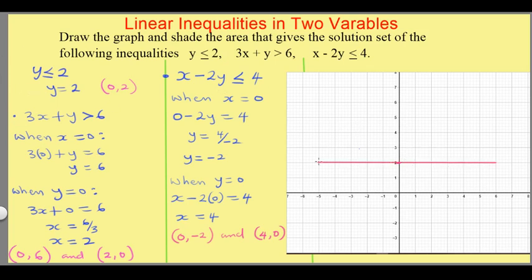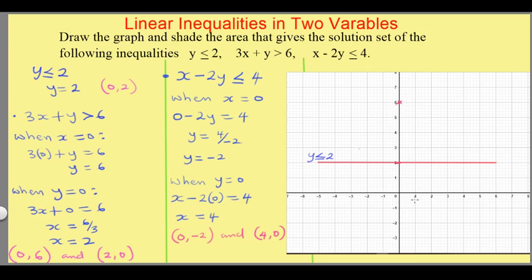Let's not forget to label it. That's a graph of y less than or equals to 2. It's getting interesting, isn't it? Fantastic. So for the second point, we have the point when x is 0, y is 6, this point.